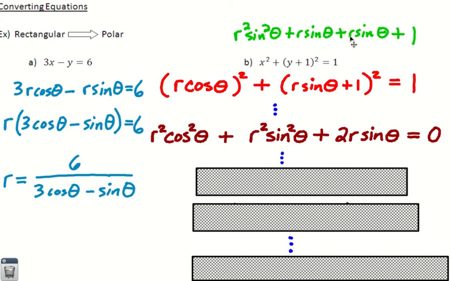So r sine of theta plus r sine of theta is just 2r sine of theta. But I also took this 1, subtracted it to the other side, and when you subtract it from this 1 on the other side, you got 0. So that's where all of this came from.